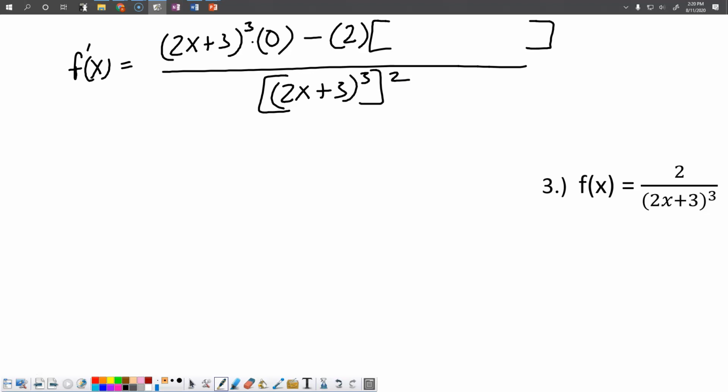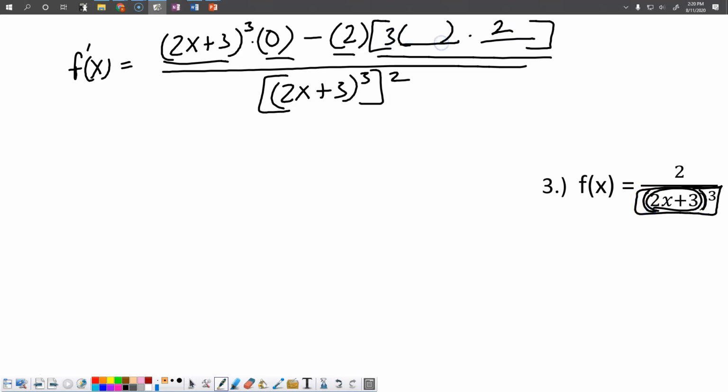Now, this was low d high minus high d low, so the derivative of the bottom is where it gets interesting. If you want to take the derivative of this, you still have to do the chain rule. You still have the derivative of the outside times the derivative of the inside. So the derivative of the inside here is 2. The derivative of the outside is going to be 3 times the quantity squared, and then 2x plus 3.